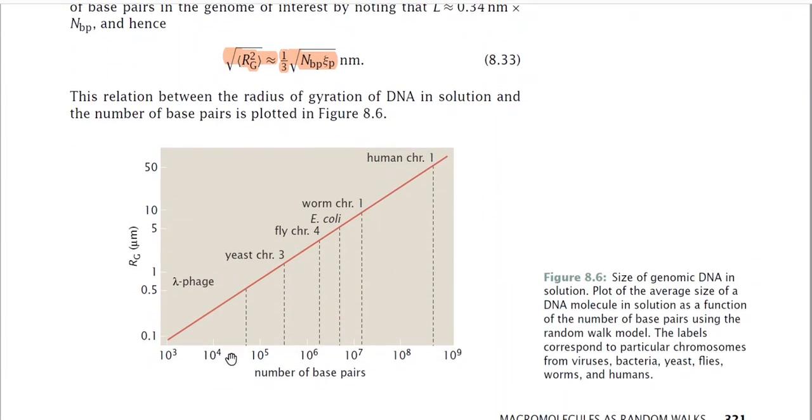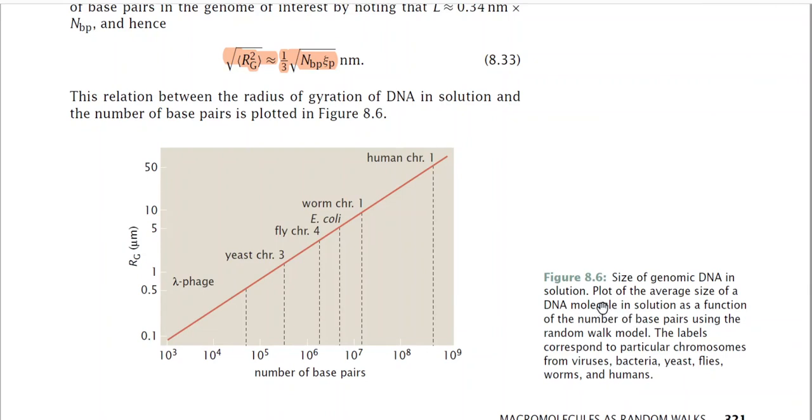Now I will show you a graph where the horizontal axis is the number of base pairs and the vertical axis is the rg, that is the radius of gyration. Size of genomic DNA in solution. So this is the size of genomic DNA in solution for different cases.